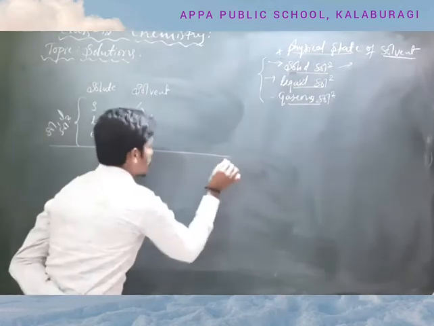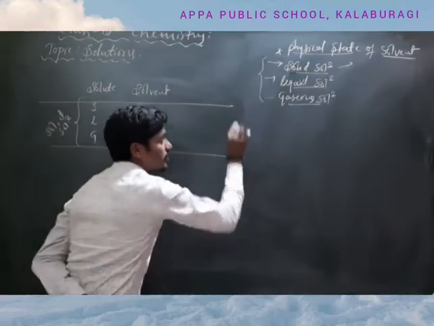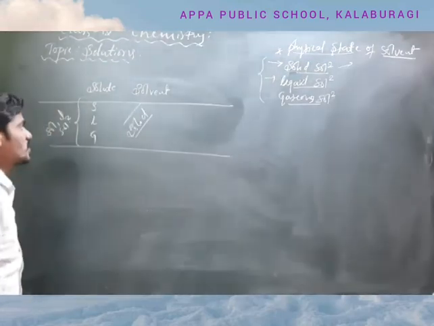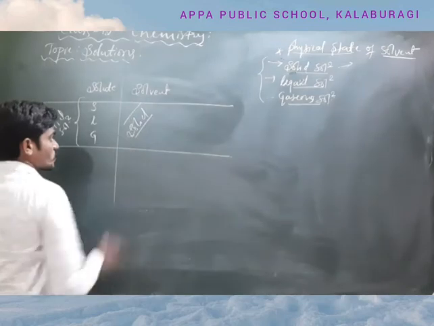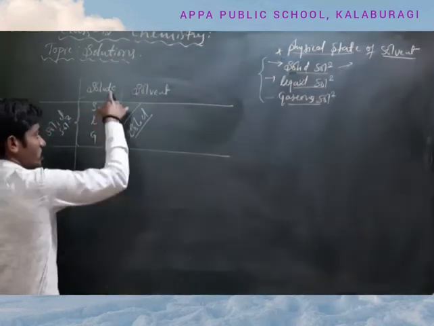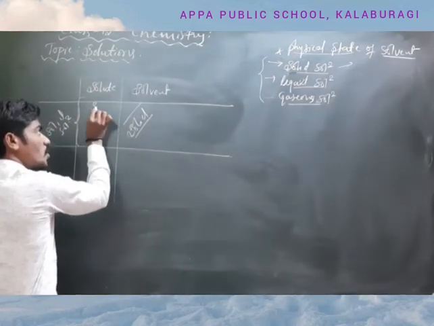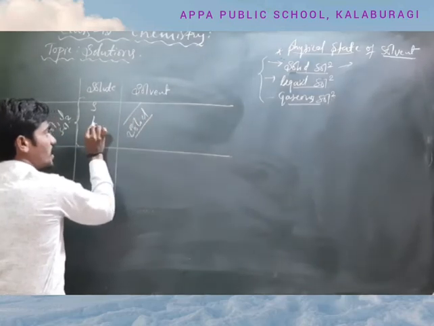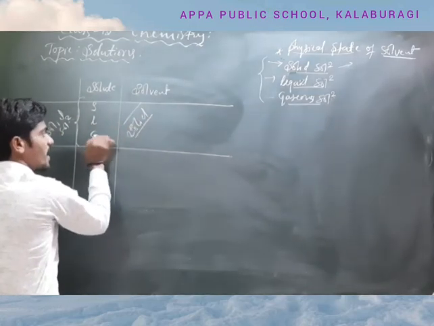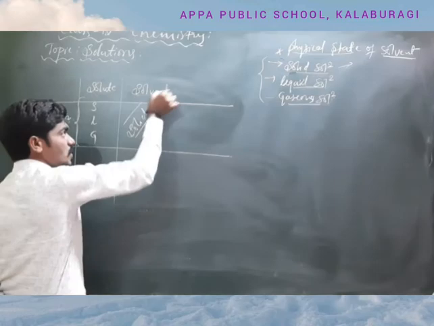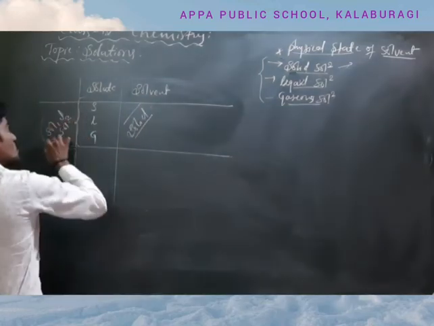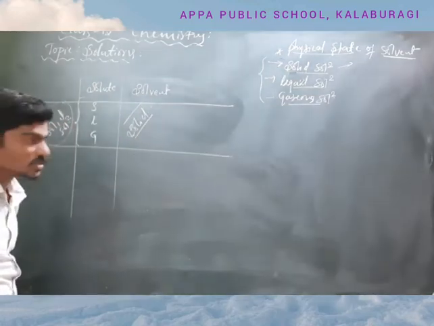Examples we have discussed, and even in NCERT they have given a simple table, so you can note it. First, the solute may be a solid dissolved in solid, a liquid dissolved in solid, or a gas dissolved in solid. If the solvent is solid, the solutions are known as solid solutions.